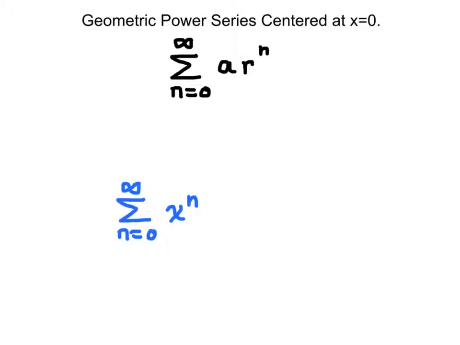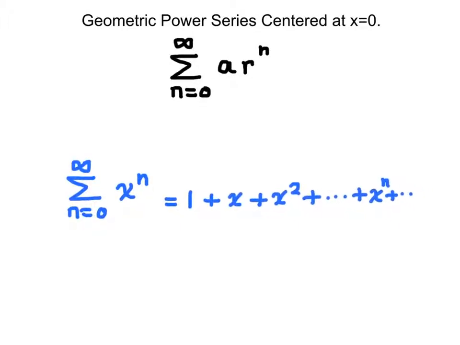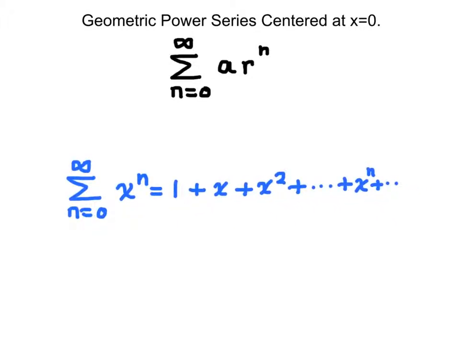And this is going to be equal to 1 plus x plus x squared, and it's going to keep on going, of course there are infinite terms, plus x to the n plus, and this goes off to infinity. Okay, so there's our geometric power series.